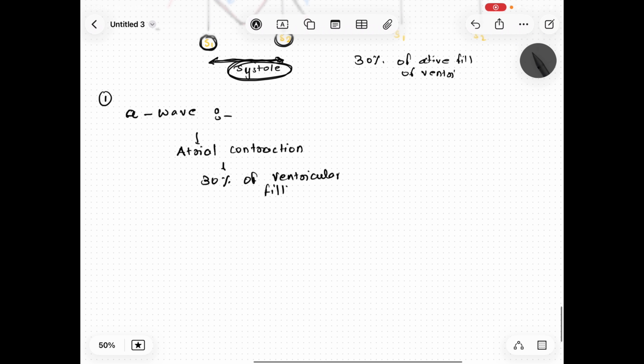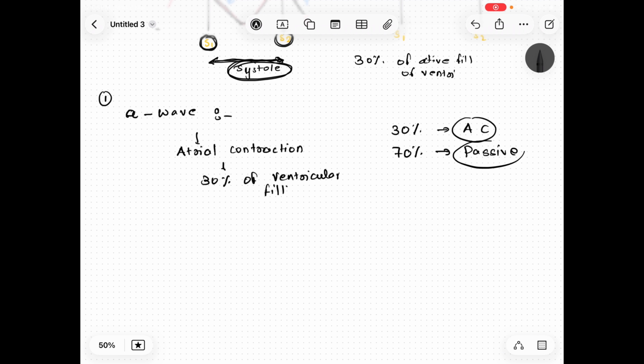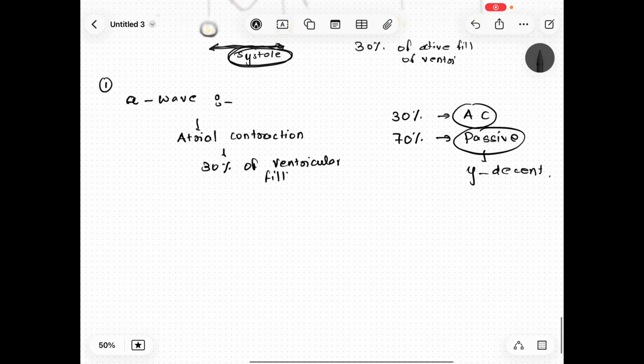How does ventricular filling occur? Everyone knows 30% is due to atrial contraction and 70% occurs due to passive filling, which forms Y descent. We'll discuss it later. So we already discussed this is a presystolic wave which occurs due to the atrial contraction. 30% of the ventricular filling occurs in this.